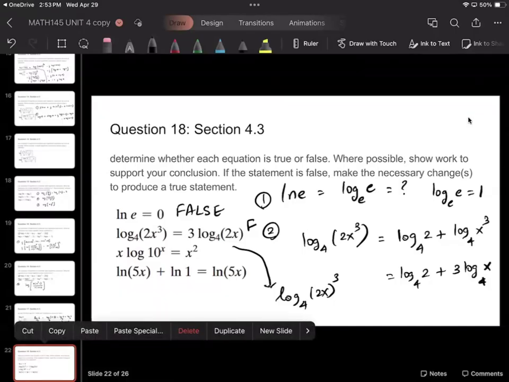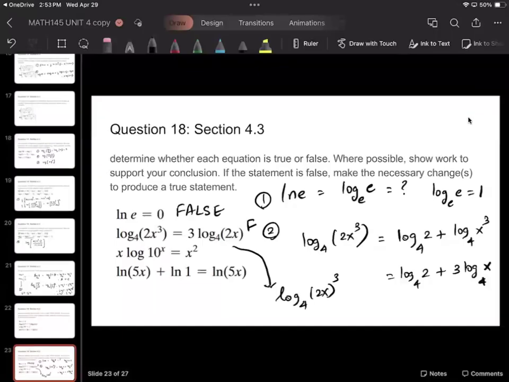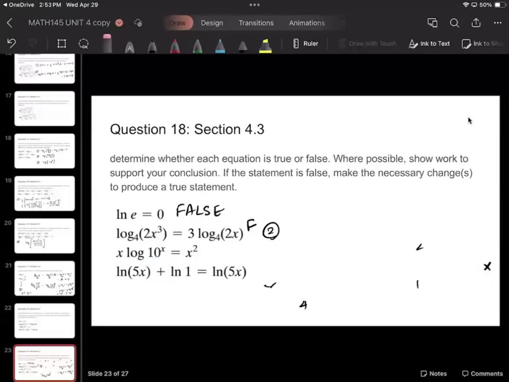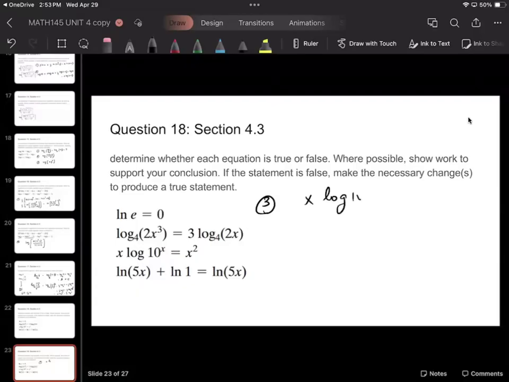Then let's do 3 now. Let me take the left hand side: x log 10. So this x can become a power, correct?